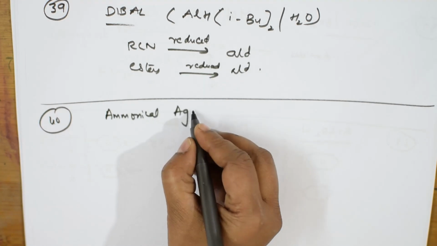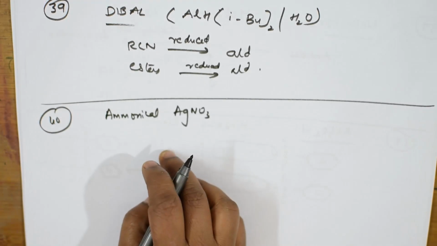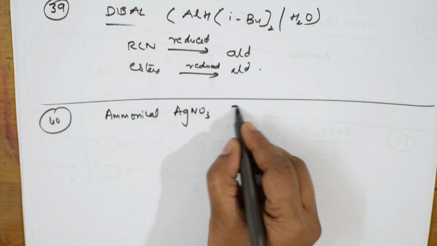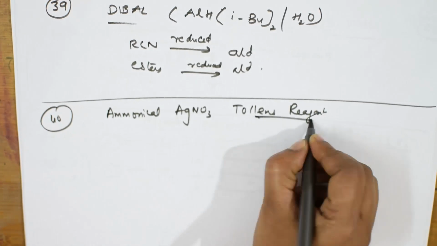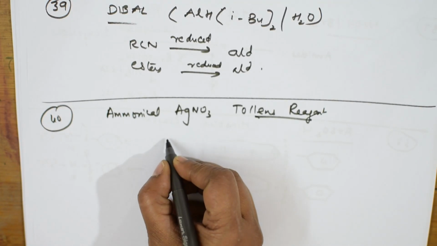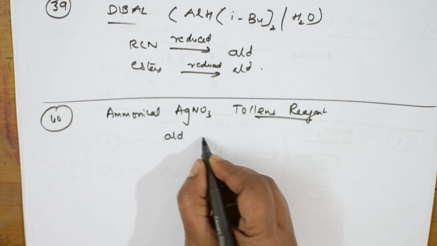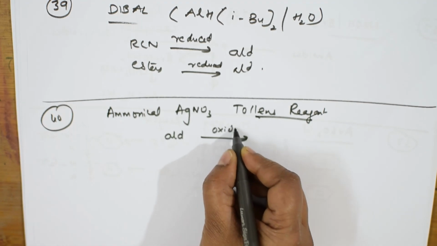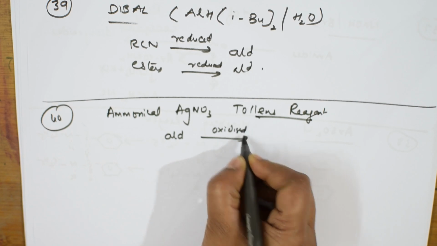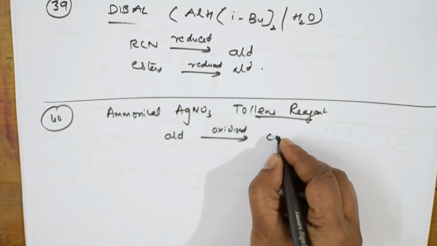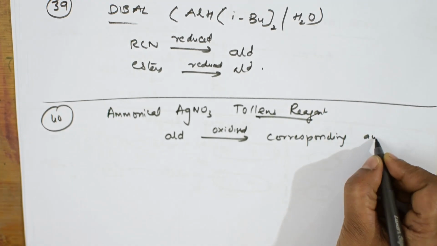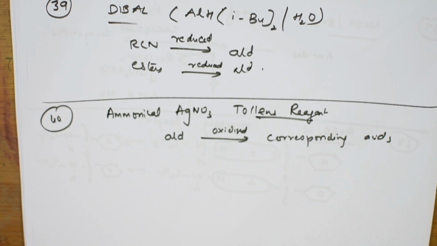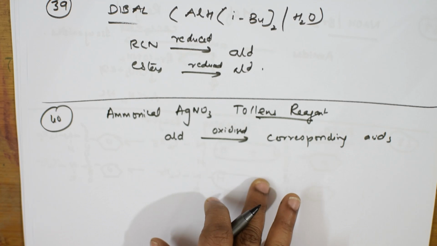It is an oxidizing agent. Aldehydes get oxidized to the corresponding acids, or the corresponding carboxylate anion. This is Tollens reagent.